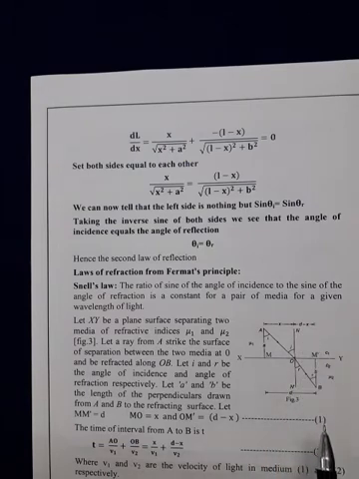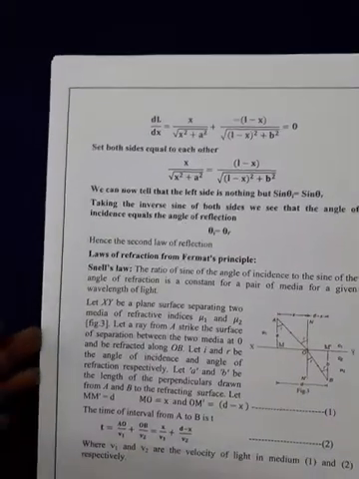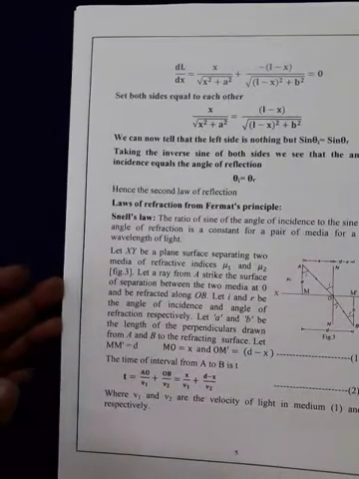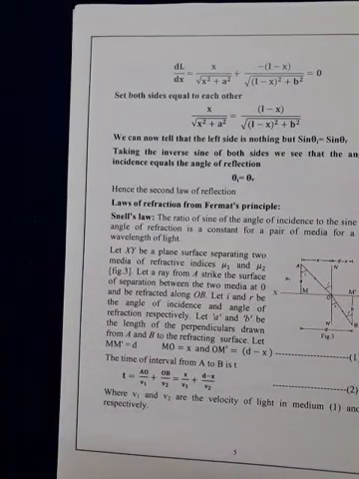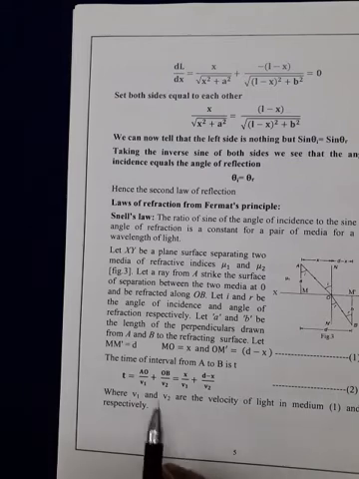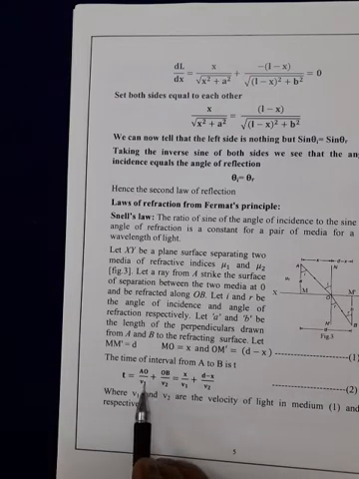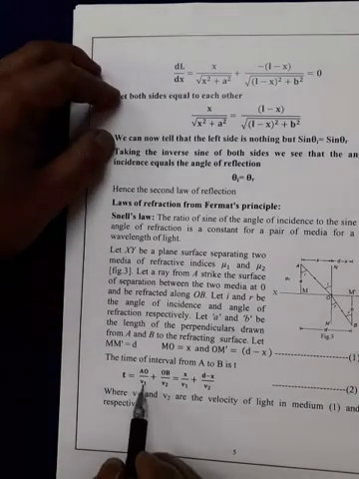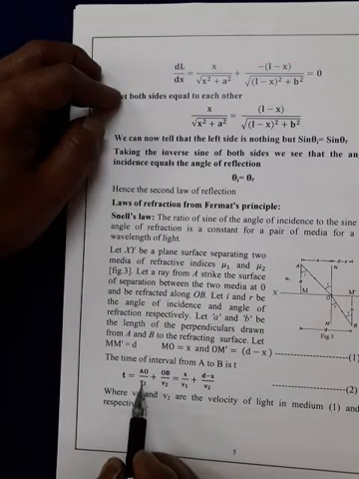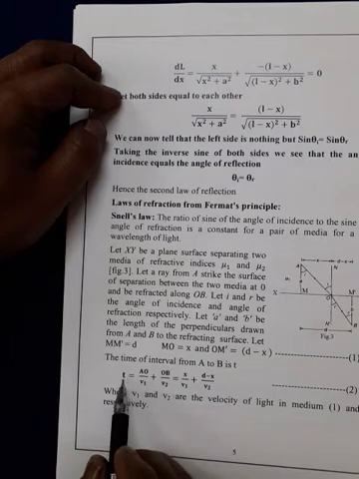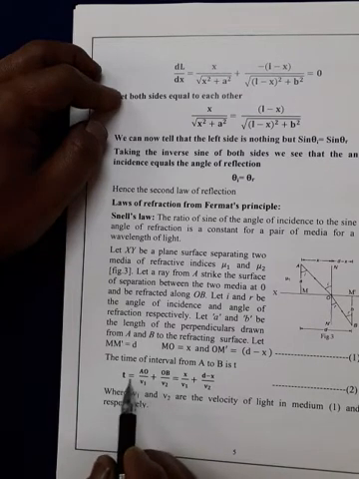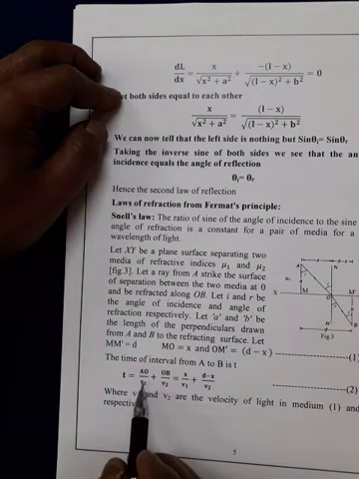Now the time interval from A to B, we can say, is t. As we have already solved in the first case, velocity equals distance by time, or time equals distance by velocity.